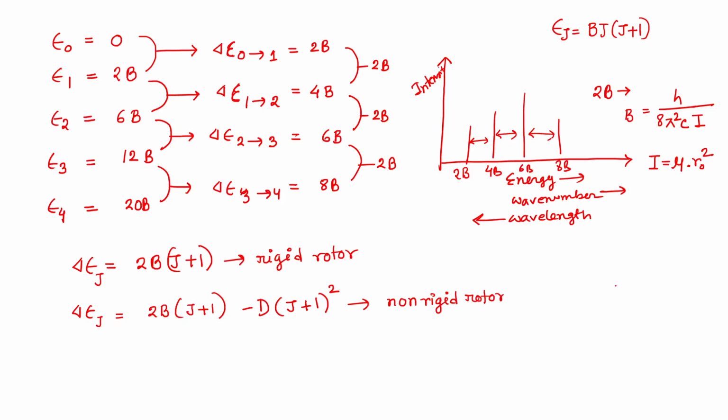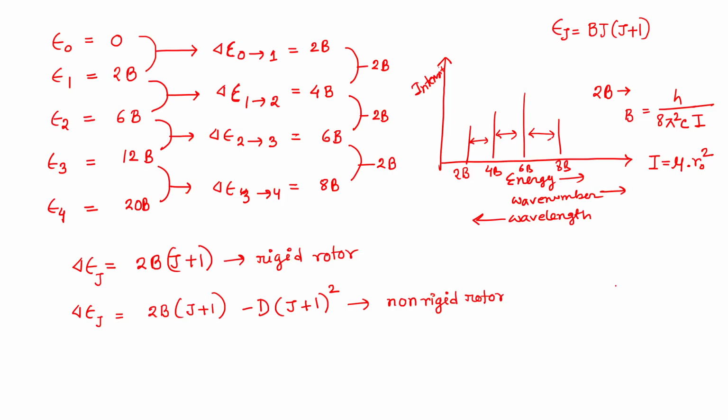Now suppose in your excited state you have a different radius, or bond length, I should say. So what do you expect? Your rotational constant would change, right? So that is one of the impacts.